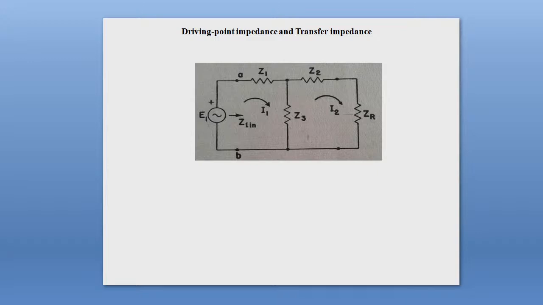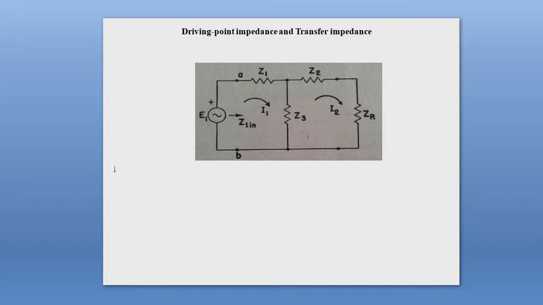First, let me tell you what is driving point impedance. Driving point impedance is nothing but the ratio of source voltage and source current.